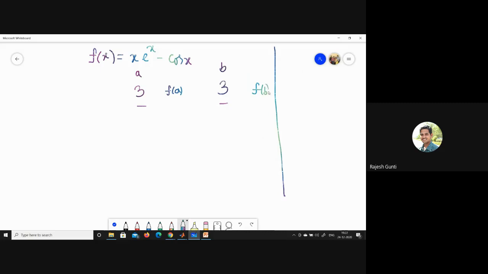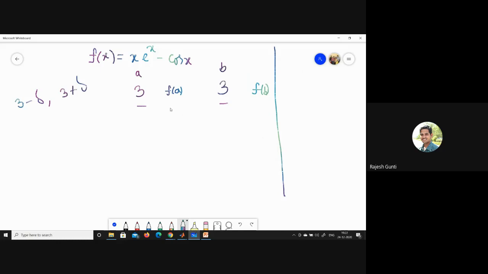Now it takes some delta neighborhood of A, that is, A minus delta comma A plus delta. That means it calculates 3 minus delta. It chooses some delta value arbitrarily. It takes one interval, 3 minus delta and 3 plus delta.